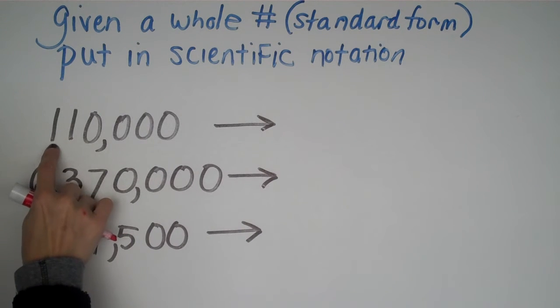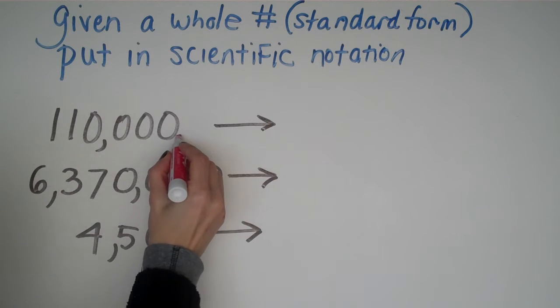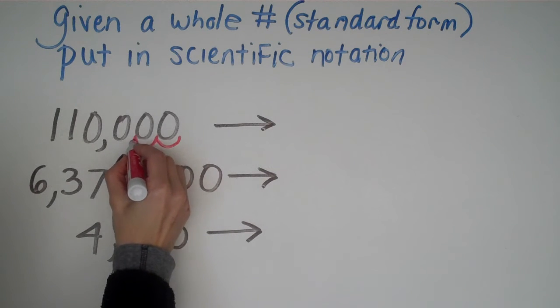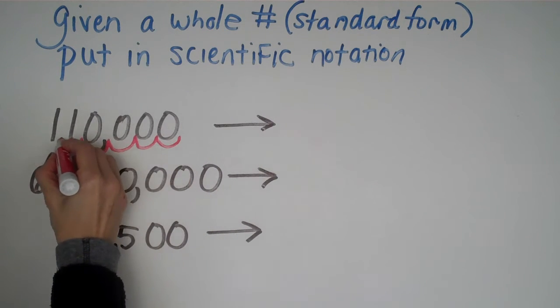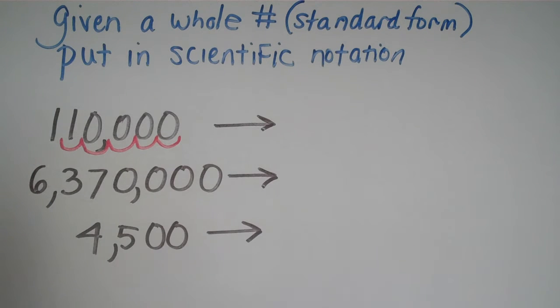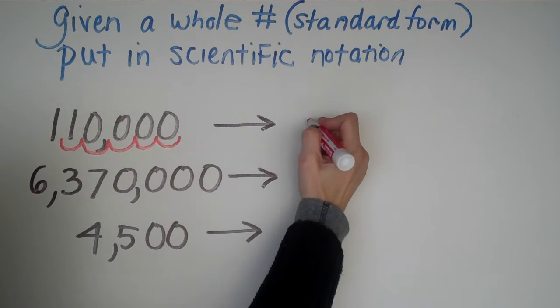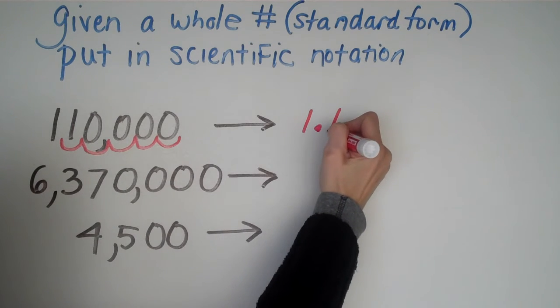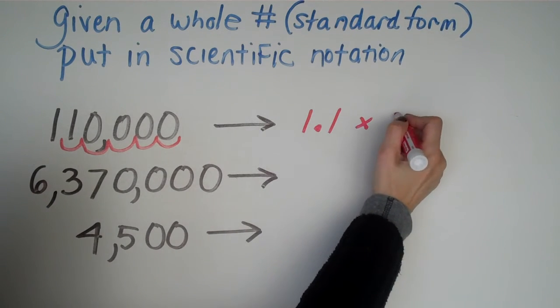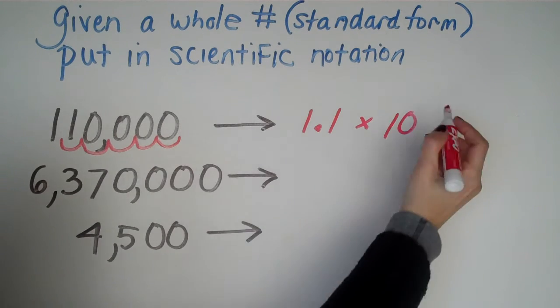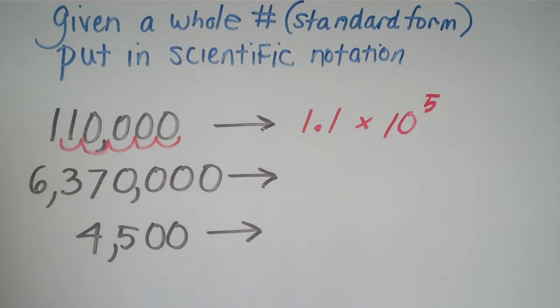This 1 is the first significant number, okay? So let's go to the right of that. 1, 2, 3, 4, 5. So we moved 5 spaces over, so this is how we write this. We write those first two numbers, 1.1 times 10 to the 5th power, because we moved 5 spaces.